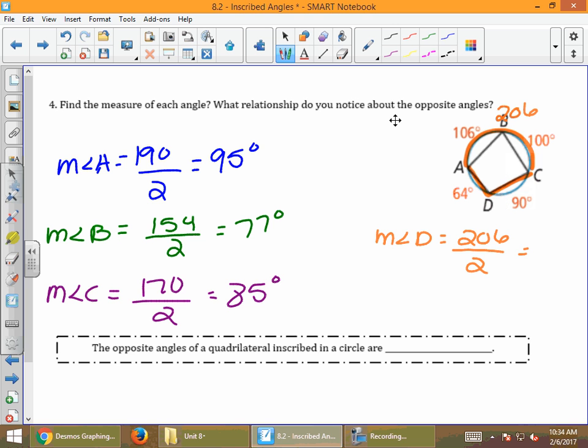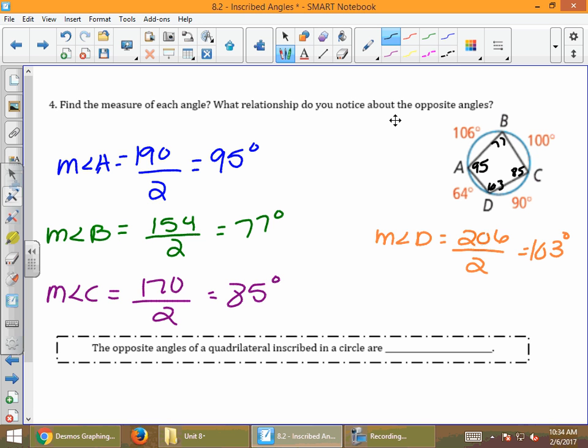Divided by 2, what's 206 divided by 2? 103. Okay. So we found the measures of all the angles. Let's go ahead and fill them in to see their relationship. So A is 95, B was 77, C is 85, and D is 103.